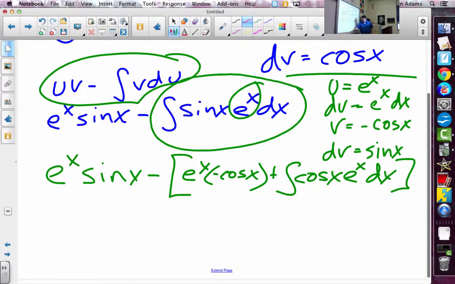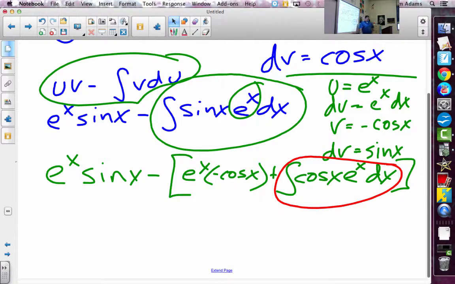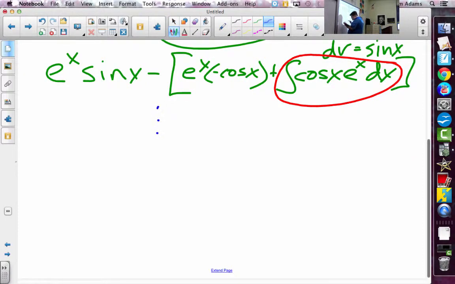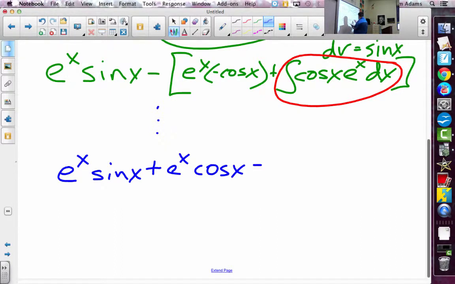Again, the only thing I can try to do here is integration by parts. So this is an endless loop. It's never going to go away. If we keep on going, and I won't waste a lot of class time doing that, we get to the point where we have e to the x sine of x plus e to the x cosine of x minus the integral of e to the x cosine of x, and we were almost there.